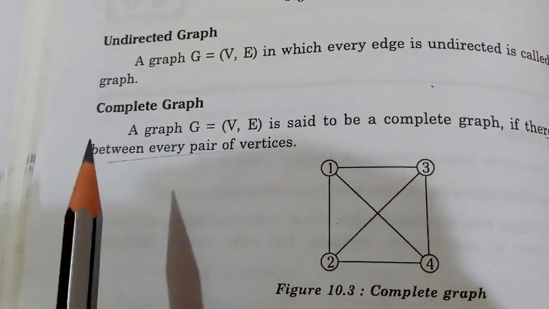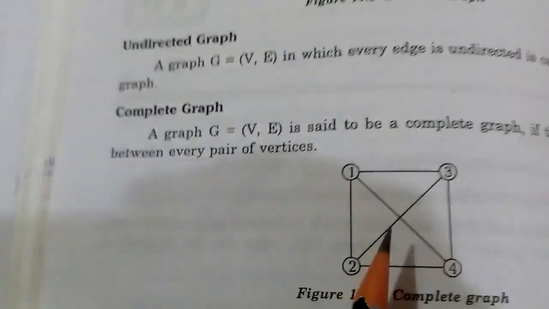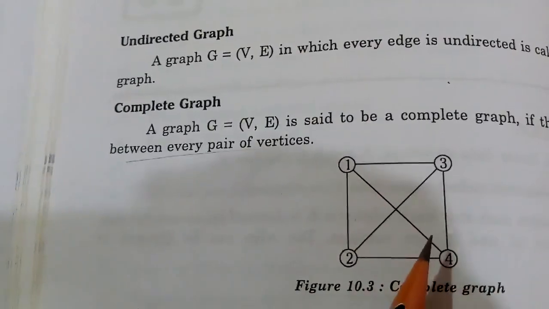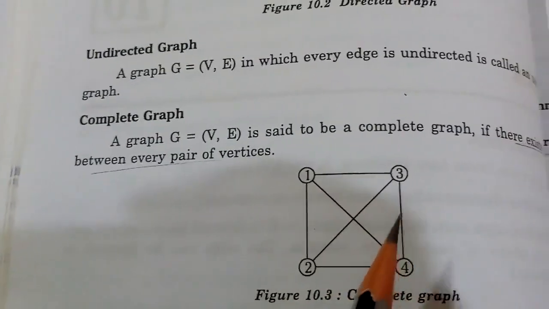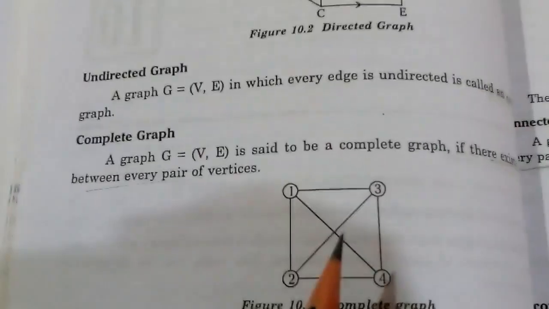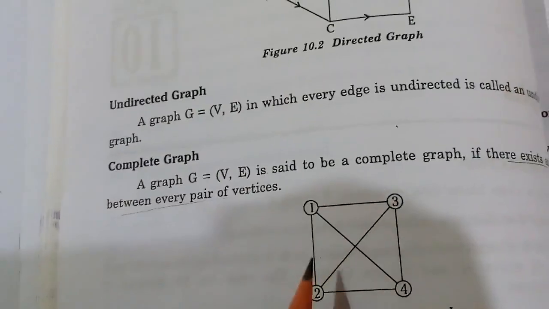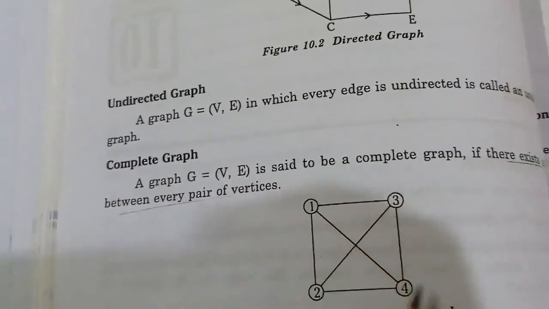Next, complete graph. A graph G = (V, E) is said to be a complete graph if there exists an edge between every pair of vertices.